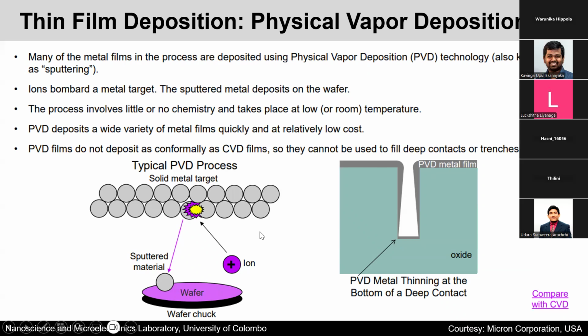What we do is we basically take like a gun and we keep on hitting very high energy ions into this solid metal, and then the solid metal would break off from the target, and they get sputtered onto the wafer, and by doing so we can again deposit a particular film onto the silicon wafer, right? So here there is some thinning at the bottom of a deep contact, but previously in chemical vapor deposition we get very conformal deposition. So depending on what we want, we can use different deposition techniques.